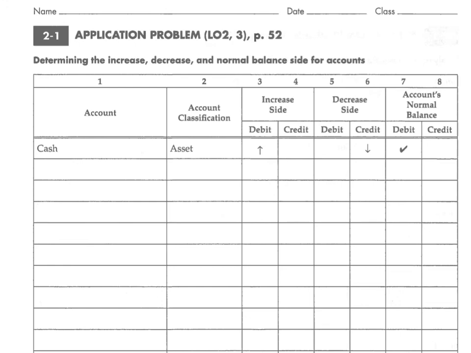So cash is an asset. And remember, all assets increase on the left side, which is the debit side. So they drew an arrow on the debit side for the increase, and then for the decrease side it would be a credit. And then the normal balance would be a debit.